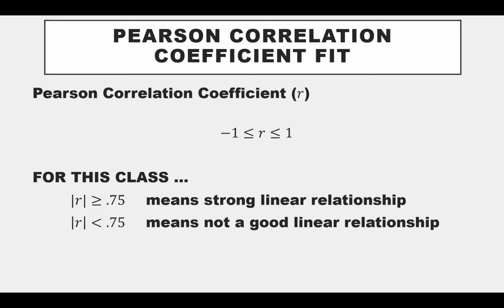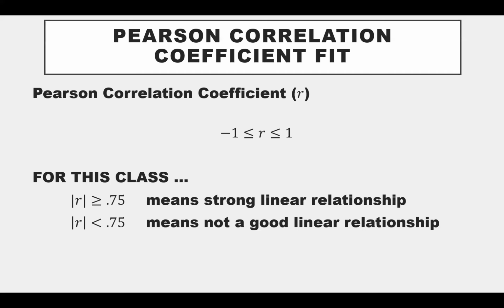And it turns out it kind of depends on a variety of factors. One of the factors is how much data we have. Another factor is what situation we're in. If we're in a physics situation, we may want our R value to be above a 0.9.